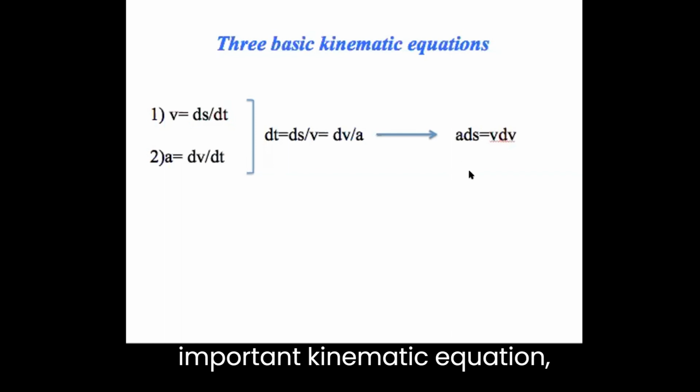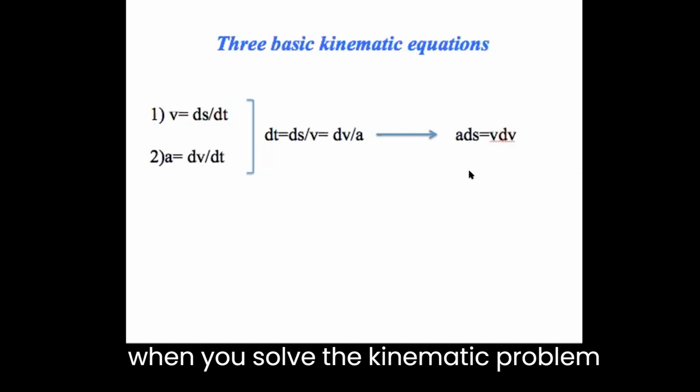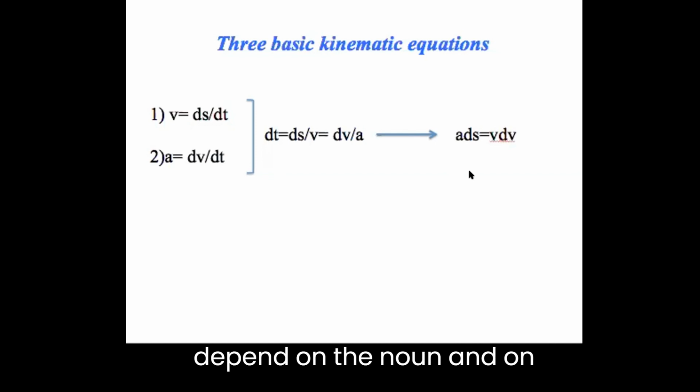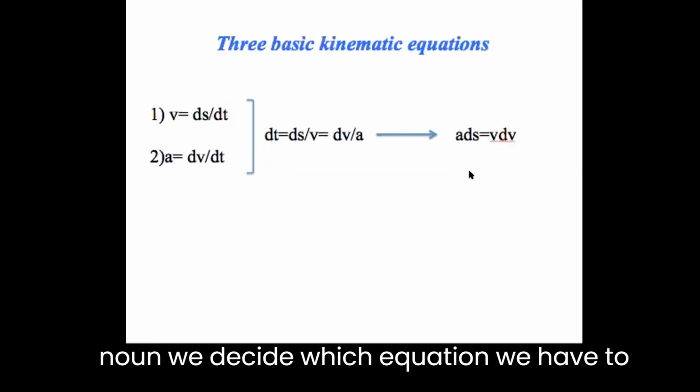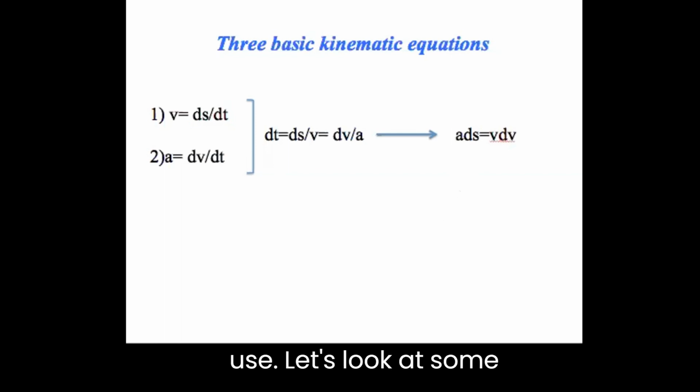When you solve a kinematic problem, depending on the known and unknown quantities, we decide which equation we have to use. Let's look at some examples.